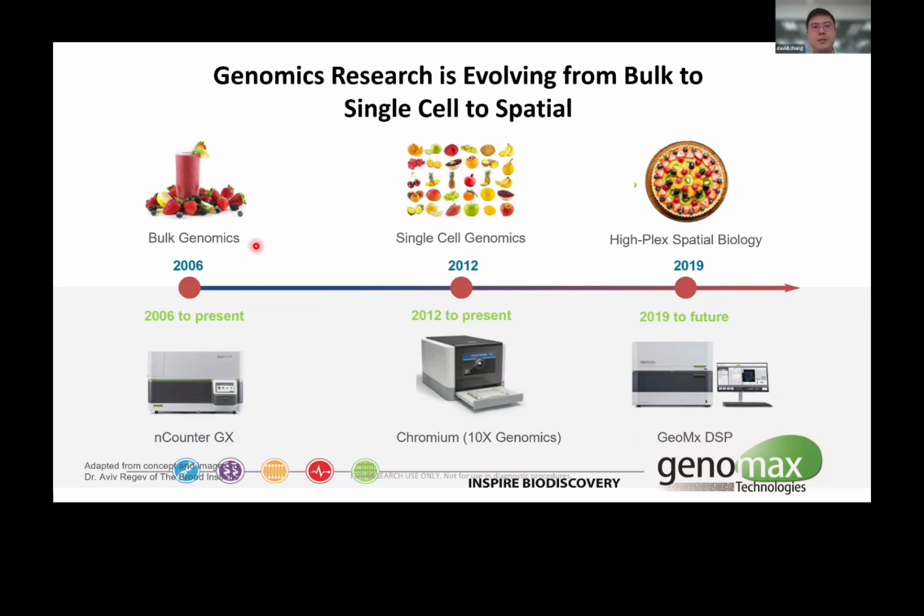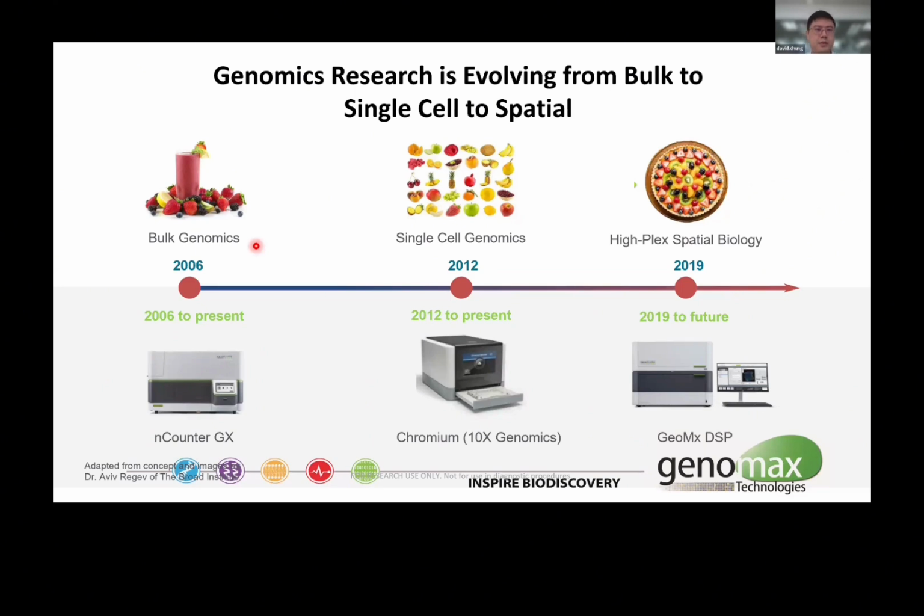So basically, you extract everything from your tissue section, for example, and then you profile the whole genetic expression or proteomics from the whole tissue section. This is what we call bulk genomics. From there, you will be able to get the average expression level for your genes, and then compare the profile between different tissue sections or different tissue from different patients or different diseases. Then you can compare whether there's any differential gene expression.